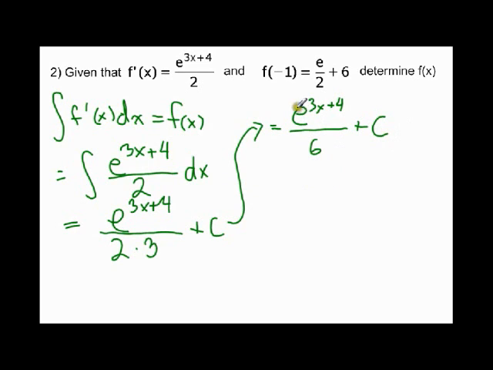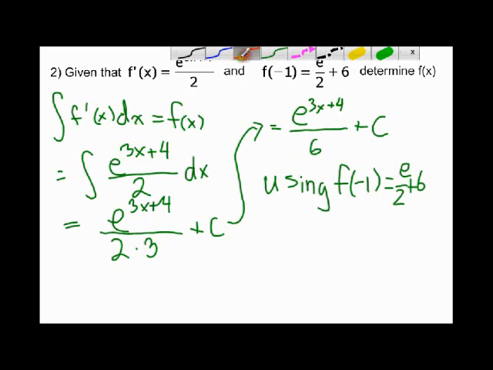Now, f at -1, so let's do this. Using the fact that f at -1 is e over 2 plus 6, we're going to figure out what c is. Okay, well, if I plug in -1, I'm going to take this -1 and plug it in for x.